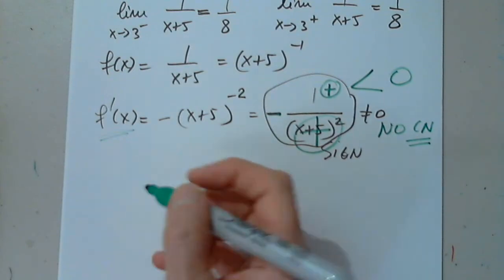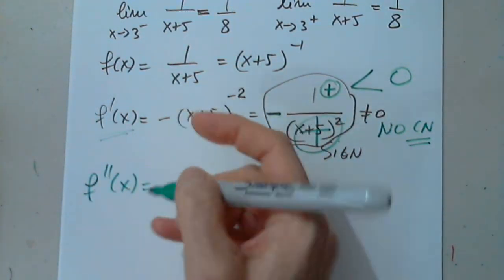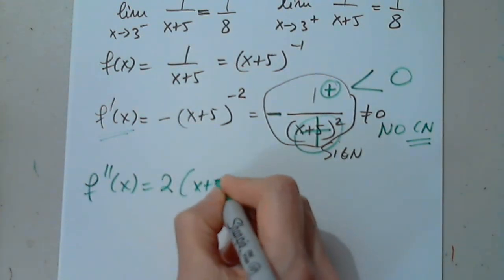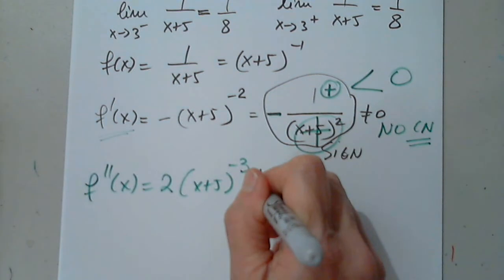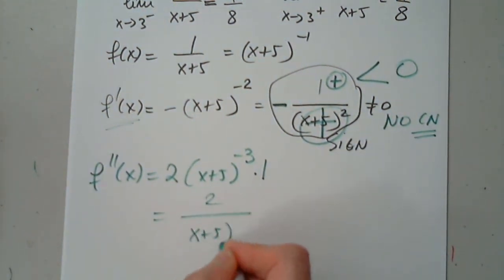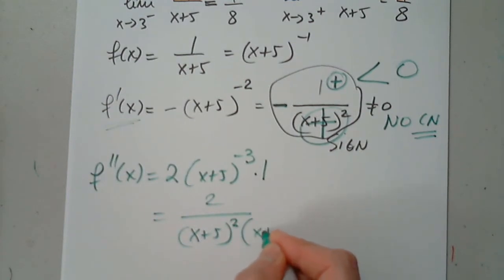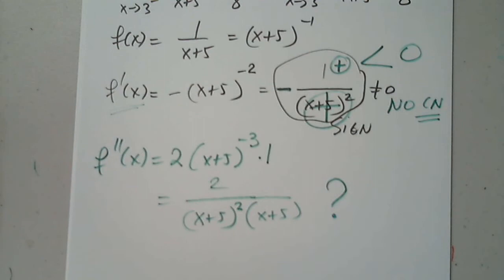So I need to differentiate this. And I have 2 times x plus 5 to the -3 times the inner function prime, which is 1. I shouldn't even write it. So this is 2 over x plus 5 squared times x plus 5. And you can say again, what are you doing? Why can't you just write x plus 5 to the third? I can.